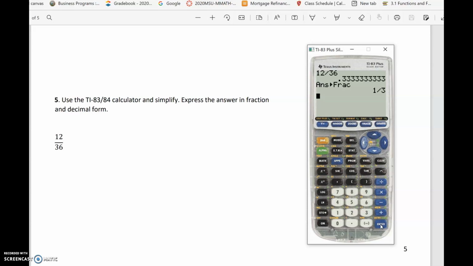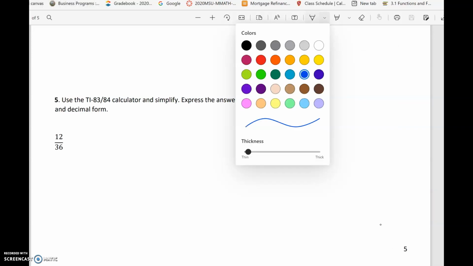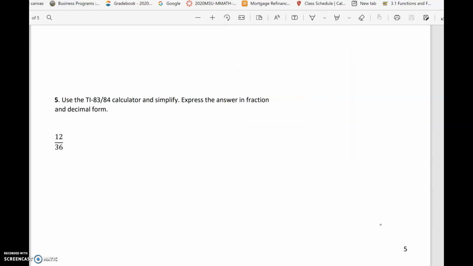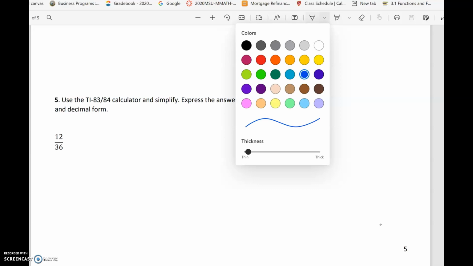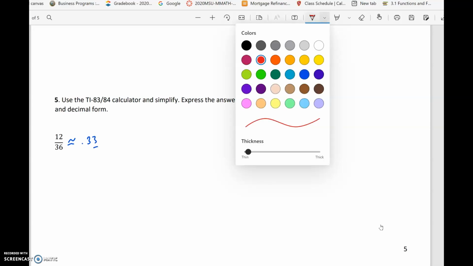Now, as you're rewriting your answer, technically on this one, we would say that 12 over 36 is approximately 0.33 rounding to 2 decimal places.